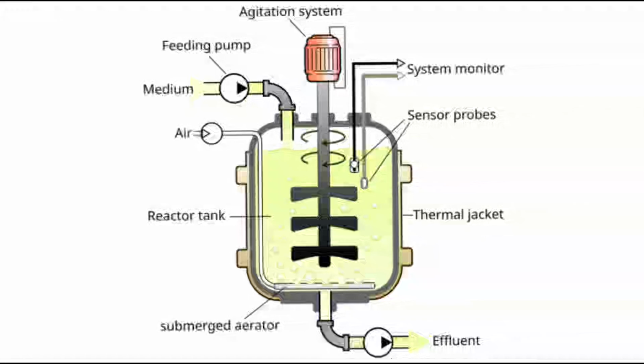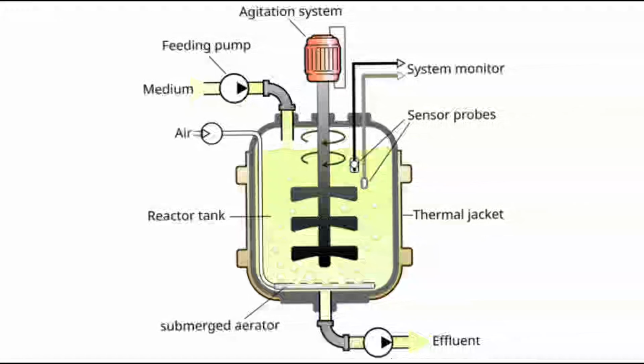Here we can see the diagram of these bioreactors, the simple stirred-tank bioreactor and the sparged stirred-tank bioreactor, through which sterile air bubbles are passed. The reactor is usually cylindrical with a curved base to facilitate the mixing of the reactor contents.